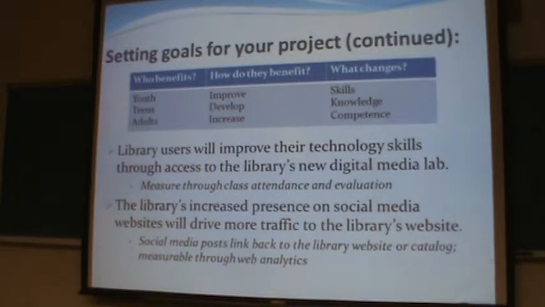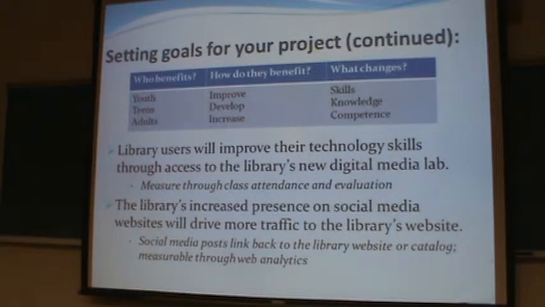How are they going to benefit? Is it to improve, develop, increase, decrease? Any action word you can put in there. And then what changes? What is the purpose of the project? What do you want to see change? Their skills, their knowledge, their competence with something. Whatever is reflected in the community assessment that you've done.